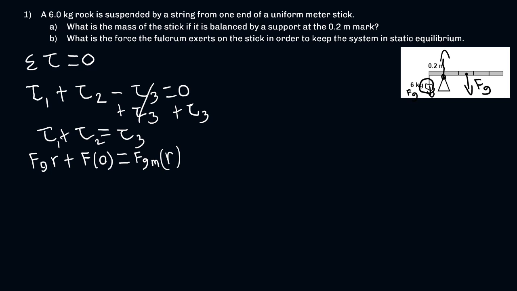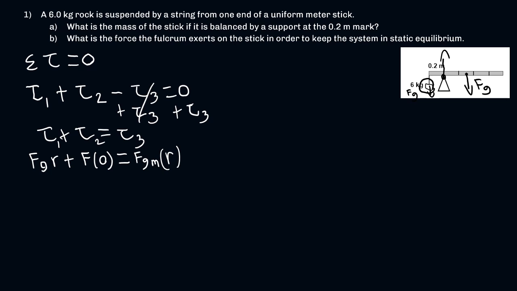It is a perpendicular force, so sine theta would be sine 90, and it's going to be 1. So we're not going to plug this in here. So we should have here that Fg r for the rock is equal to Fg r for the meter stick.